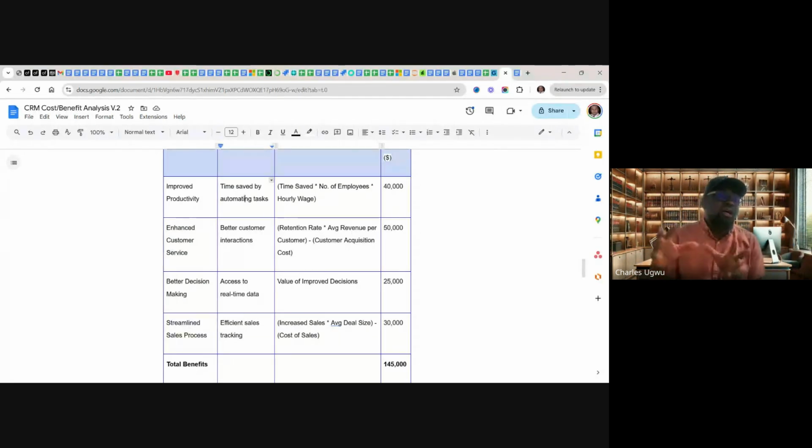When you calculate all this, these are the amounts you spend to acquire a customer. And then, is it not better to maintain the ones you have? So that is customer retention rate.